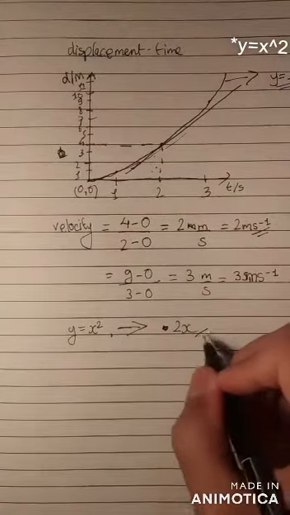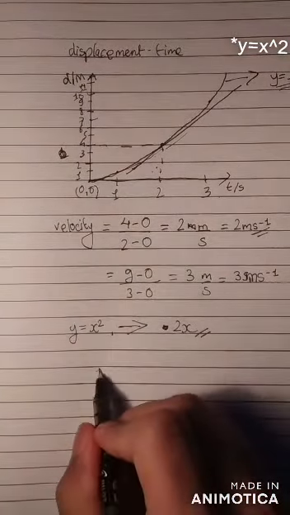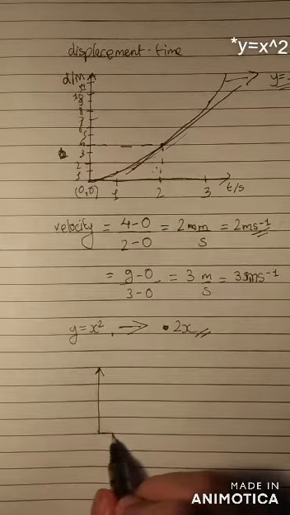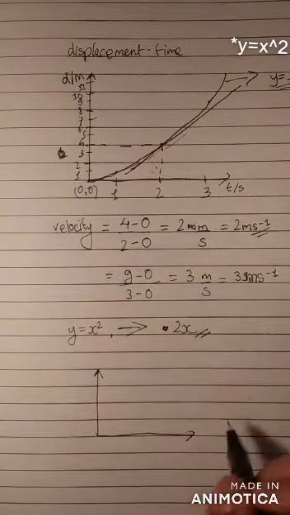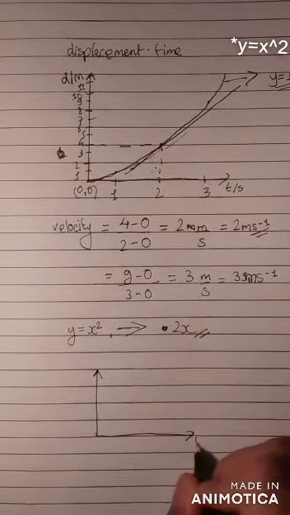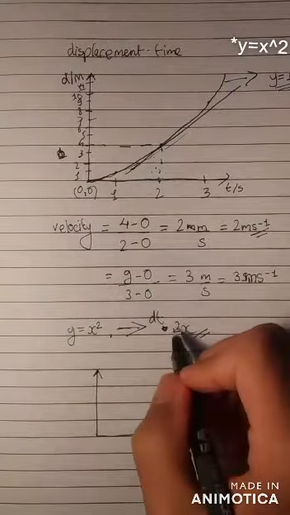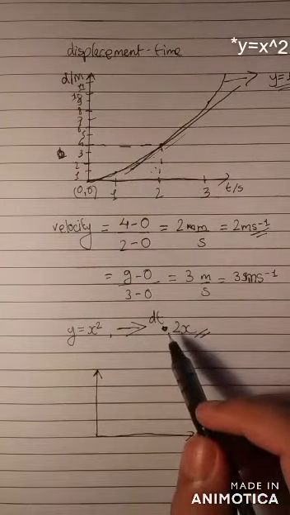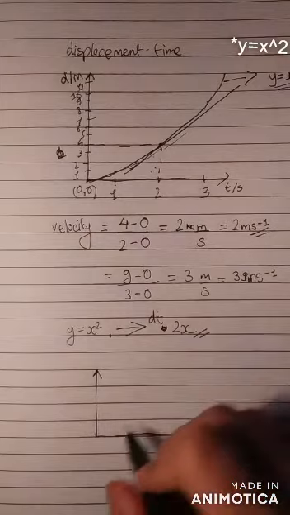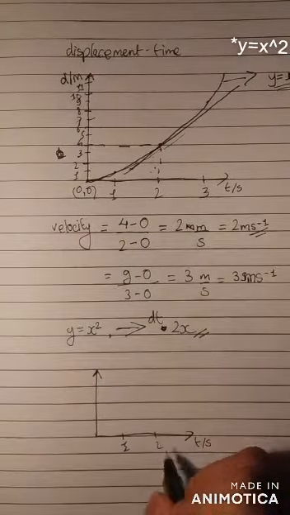This 2x has its own pattern of graph. 2 is the slope here and x is the x-axis, as I have differentiated with respect to the time, dt.